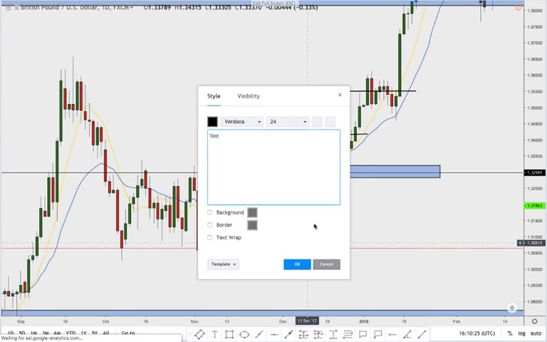So I'm just going to write that real quickly. 50% of my trade is taken out at the 100% retracement. I'm going to put this down here, so that you can see, make it bold and nice. So 50% of my trade is taken out at the 100% retracement.